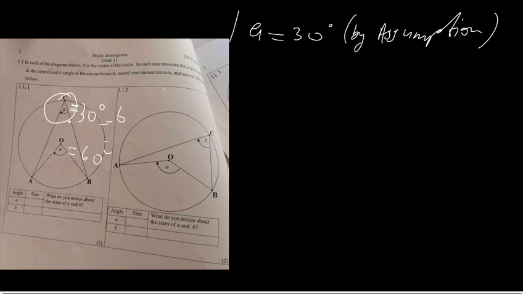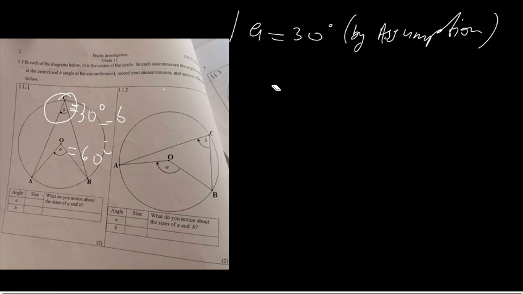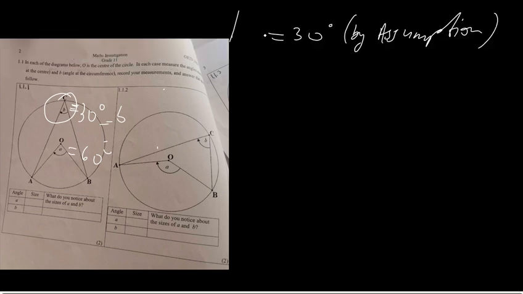By looking at that angle B, this has to be B. By looking at that angle B, I assume that angle B has to be equal to 30 degrees. Now if angle B is equal to 30 degrees, then what about A?